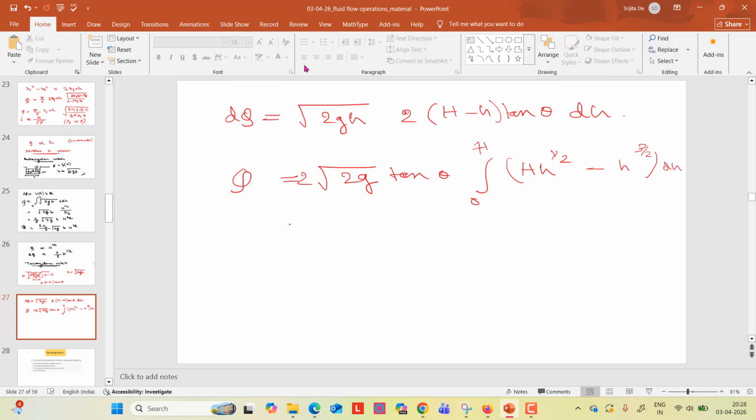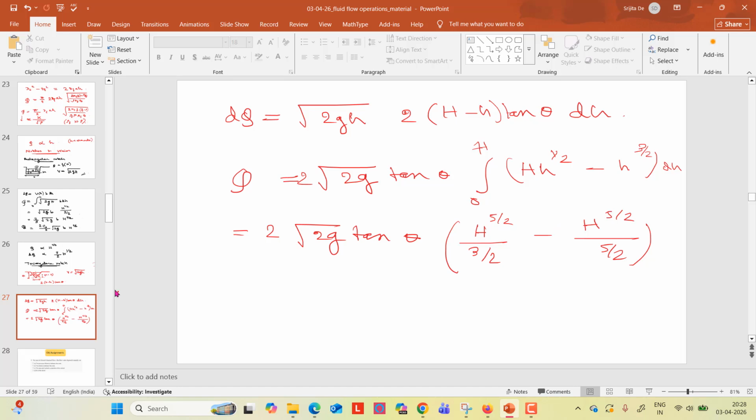So if you integrate and simplify, it will be 2 root 2g tan theta into H to the power 5 by 2 by 3 by 2 minus H to the power 5 by 2 by 5 by 2. Okay, if you integrate and simplify it, you can get this.